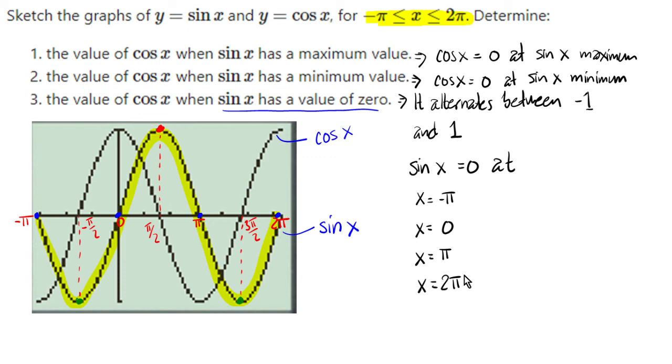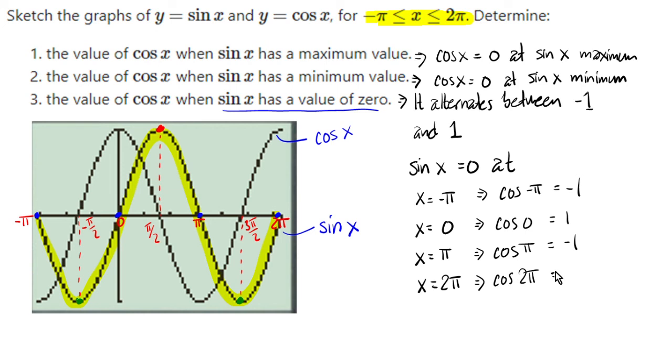Okay, so those are the x-intercepts, and then cosine at those points: cosine at negative pi equals negative 1. The cosine at 0 equals positive 1. The cosine at pi equals negative 1. And then finally, the cosine at 2 pi equals positive 1.